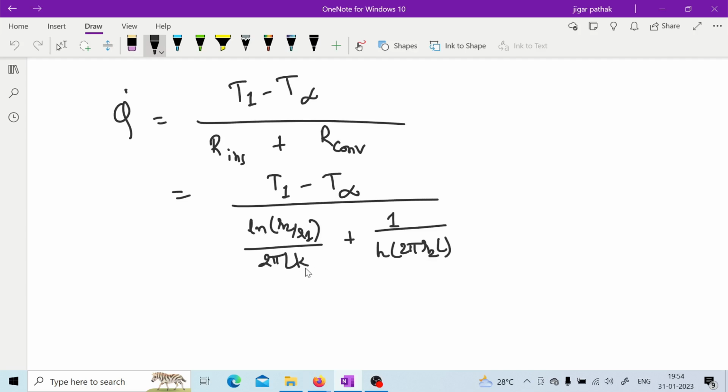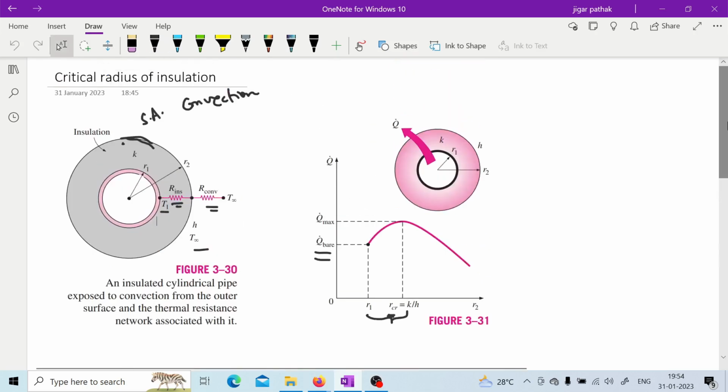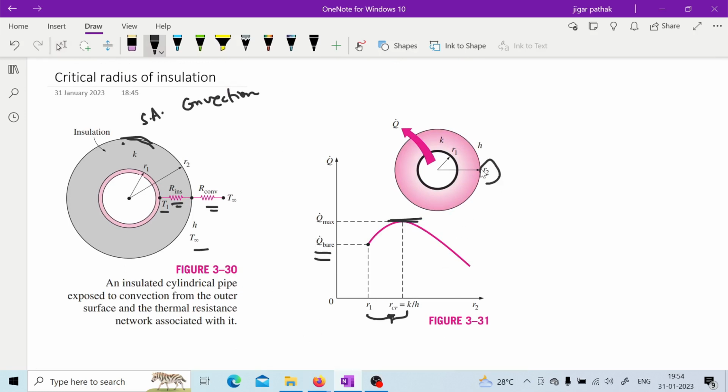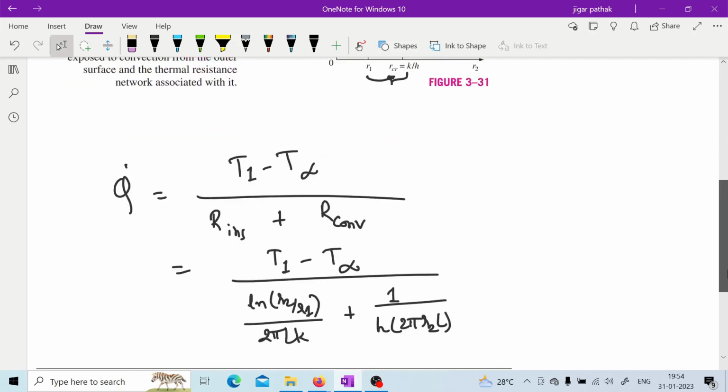In order to find the place where the slope is 0, we need to differentiate this Q with respect to R2, right? What should R2 be in order to get the maximum heat transfer? And we need to go beyond that in order to reduce the heat transfer.